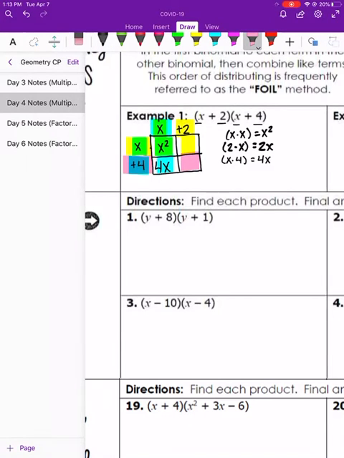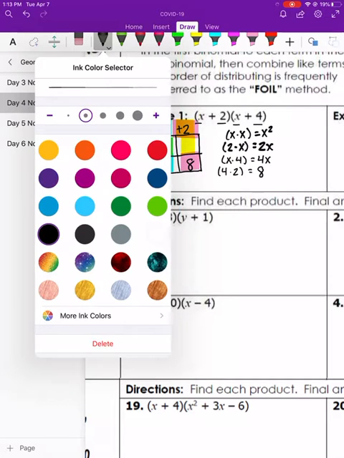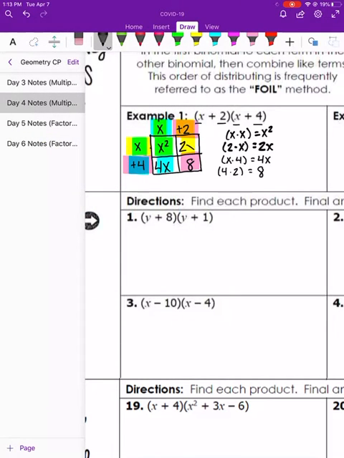So the 4 goes to that pink, and so does this 2. So positive 4 times a positive 2 is a positive 8. I meant to write the 2x right here. I'll also highlight these so that you guys see which ones are going where.